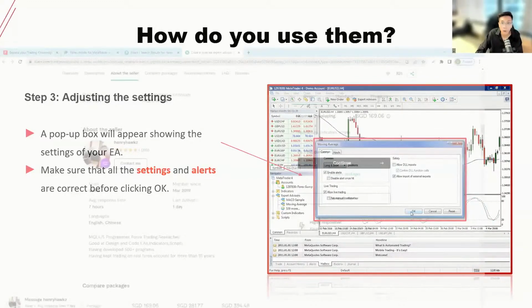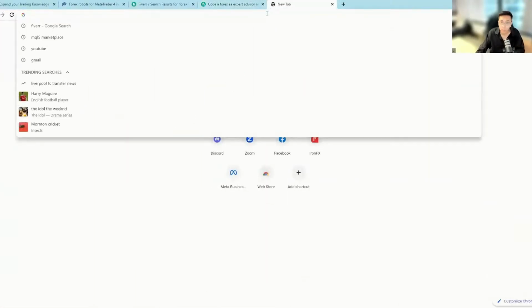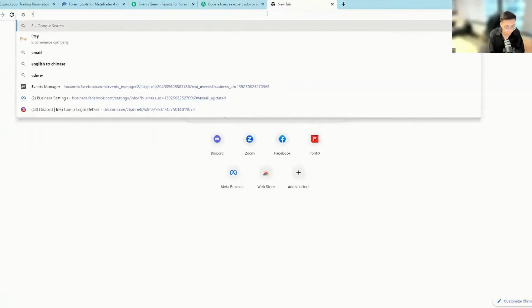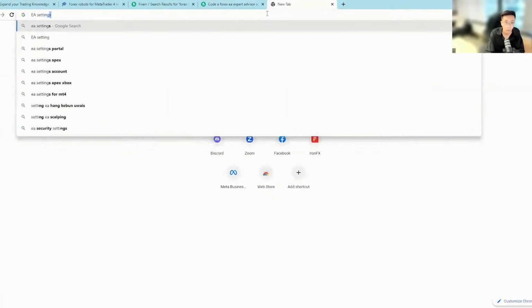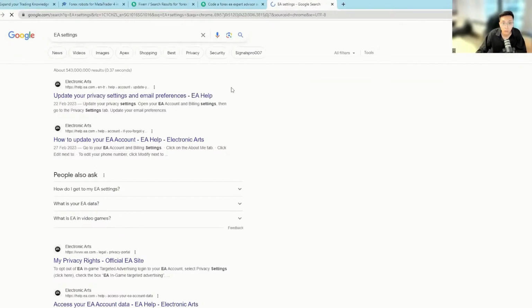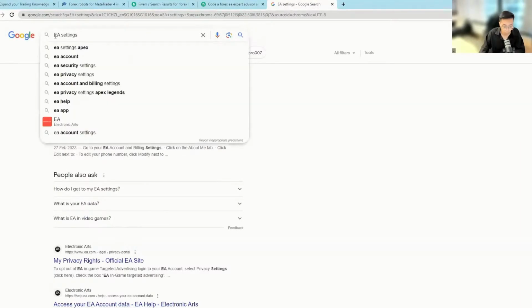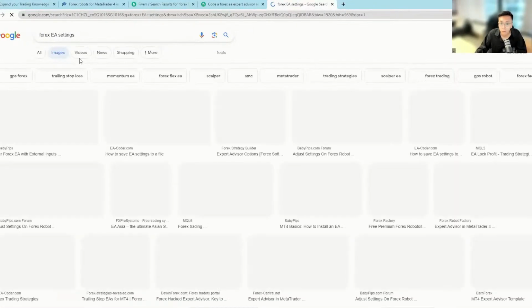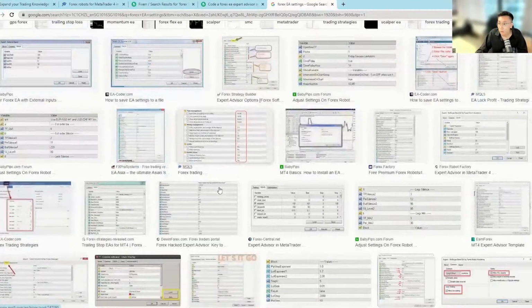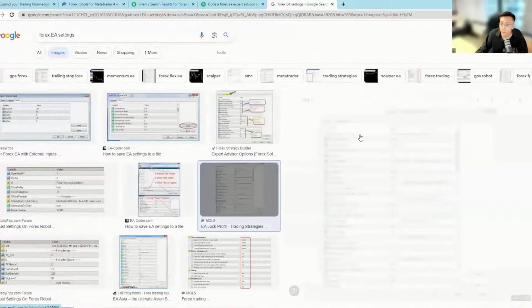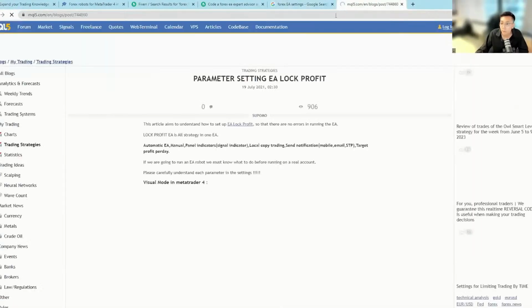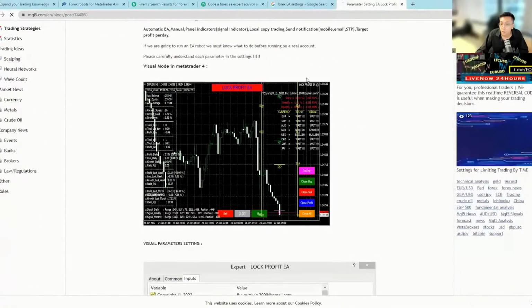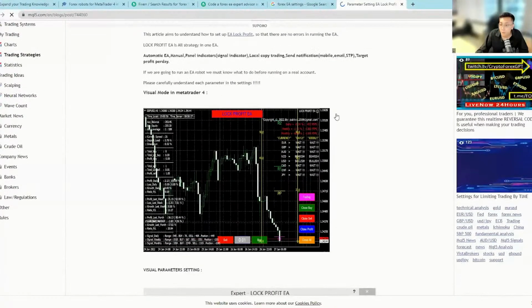Let me show you an example of a complicated EA setting. Okay, so let's take a look at one of these EAs.